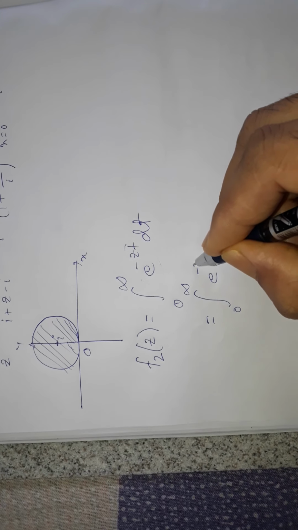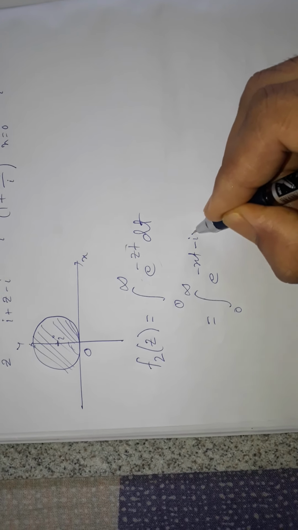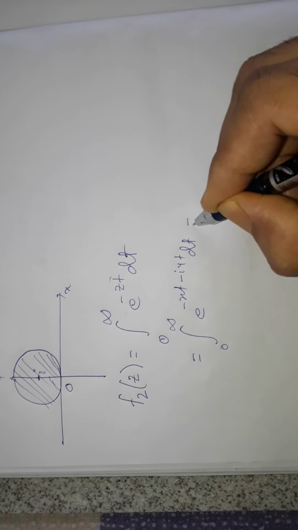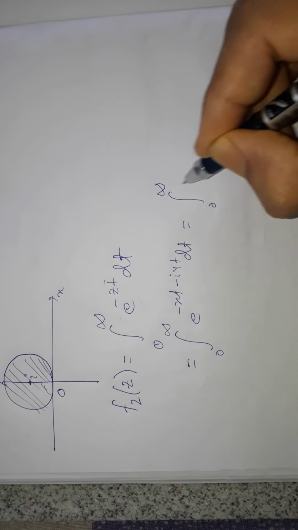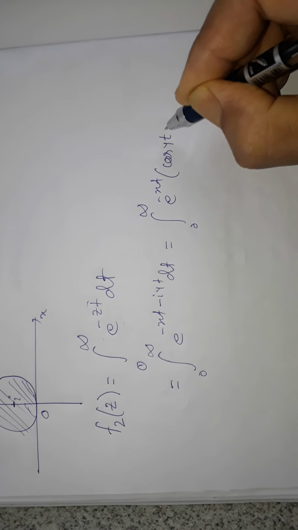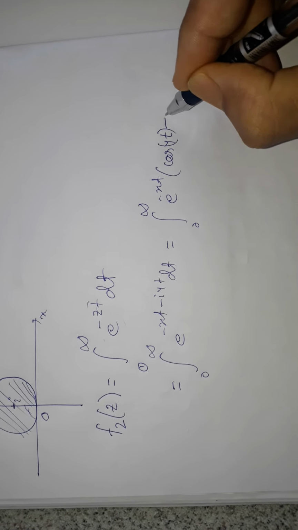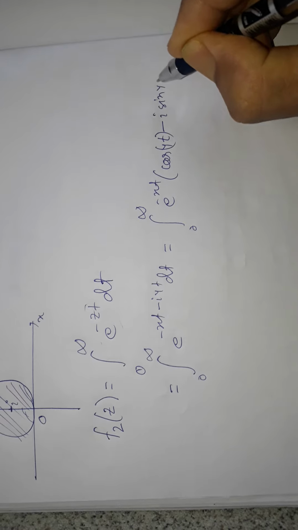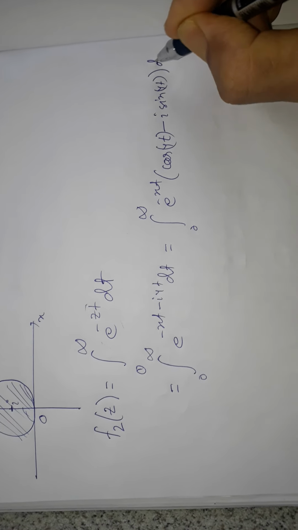I can write e^(minus xt) and e^(minus iyt) dt, which is the integral from 0 to infinity of e^(minus xt) (cos yt minus i sin yt) dt.